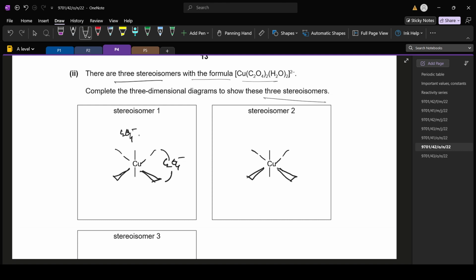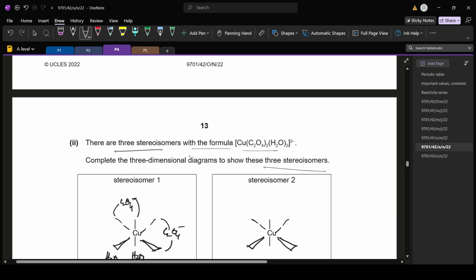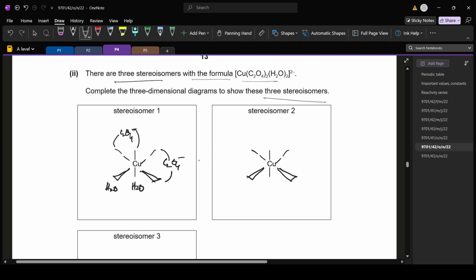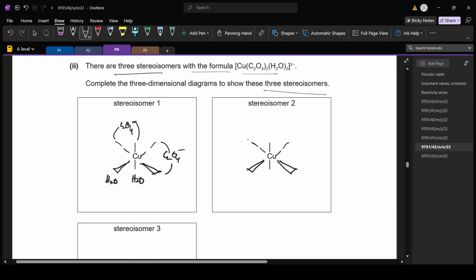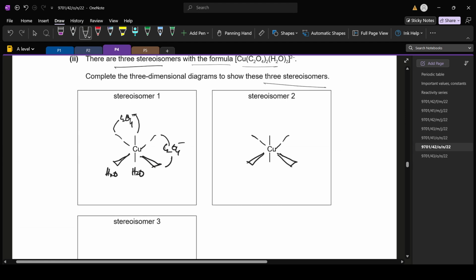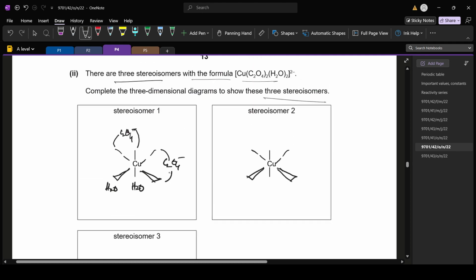Oh, sorry, not a minus sign. And you will have a water molecule, this water molecule. Then this is the first isomer, and you have to draw the mirror image of this isomer.